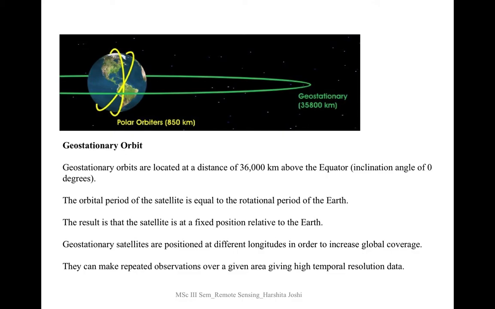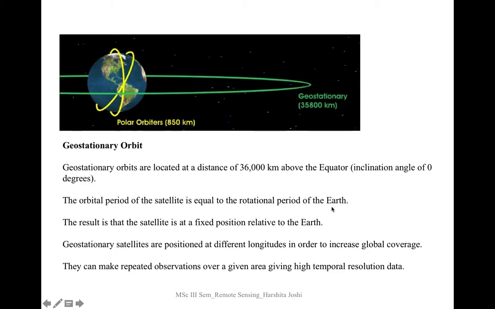Next, coming to the geostationary orbits. Geo, Earth, stationary, being static. These orbits are located at around 3600 kilometers above the equator at an inclination of 0 degrees, parallel to the equator. The orbital period of the satellite is equal to the rotational period of the Earth.